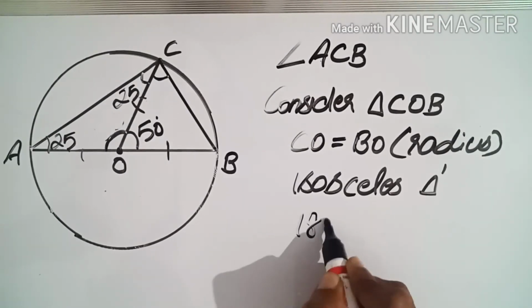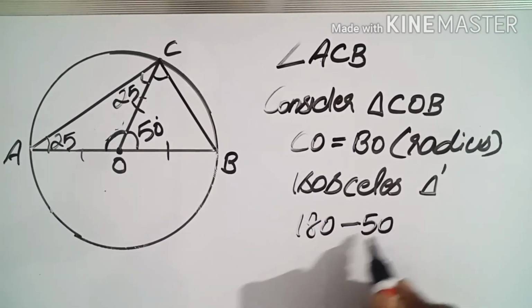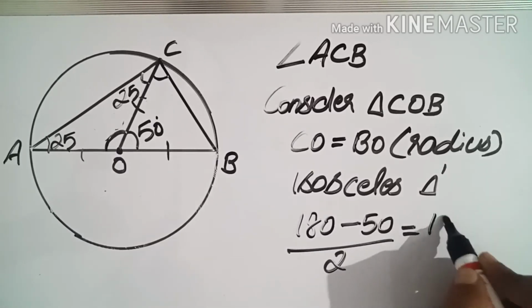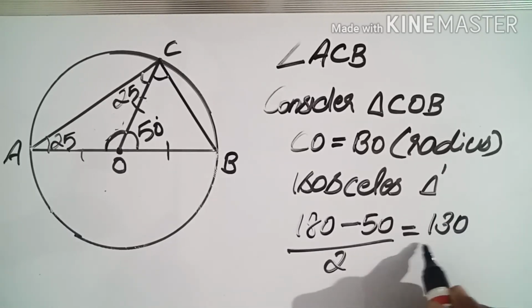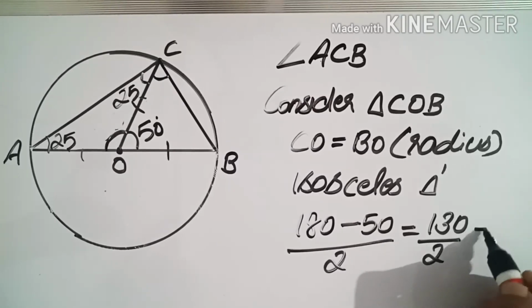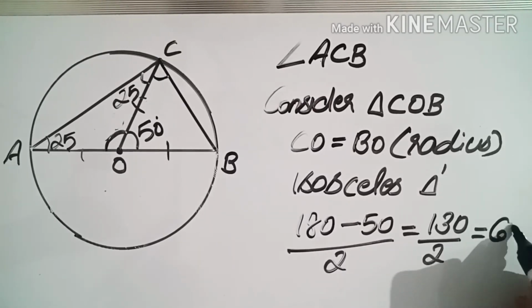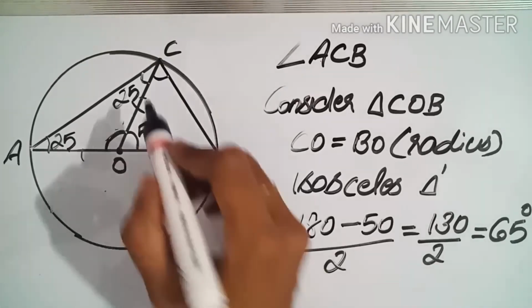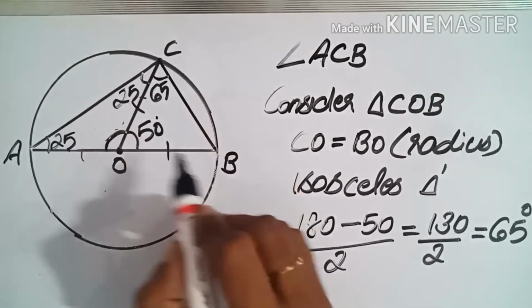That is 180 minus 50 whole divided by 2. That is 130 by 2. So 130 by 2 means it is 65 degree. So we got these two angles are 65 degree. Here also 65 degree.